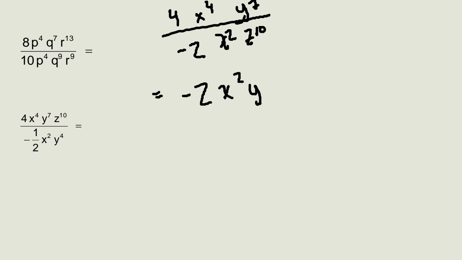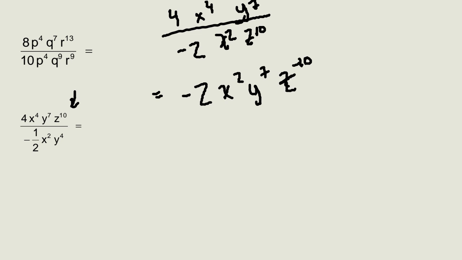Now the question is, in this one our z10 was on the top and that was great because we just kept it there. But in this one my z10's on the bottom. If I want to bring it up to the top, because there's no other z's to combine it with, I can't just do that. I have to make it into a negative exponent, right? So on your answers, if you're going to bring that up, you have to flip that into a negative exponent.